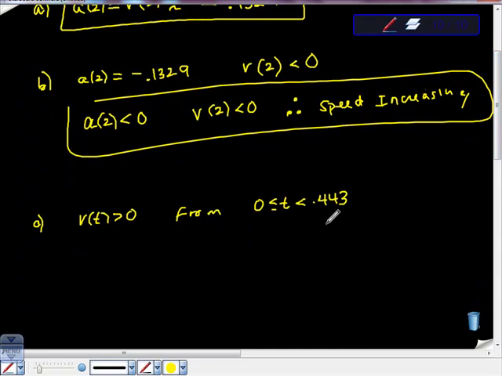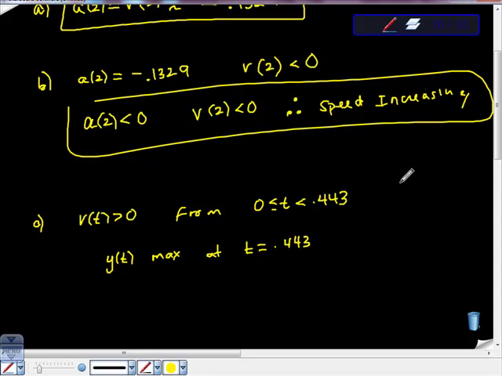And if the velocity is negative, it's moving left. So y of t, the position, has its maximum, y of t max at t equals 0.443.